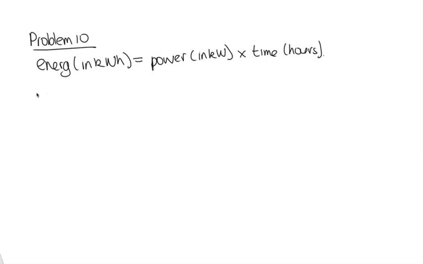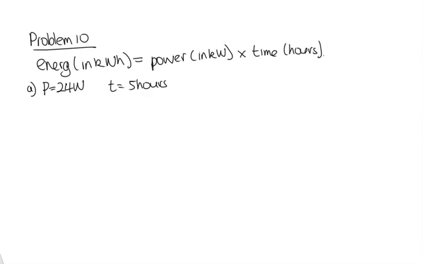And in part A, we're told that a light globe uses 24 watts of electricity, so P is equal to 24 watts. And it's on for 5 hours, so T is equal to 5 hours. And we're asked how much energy does it use in kilowatt hours.